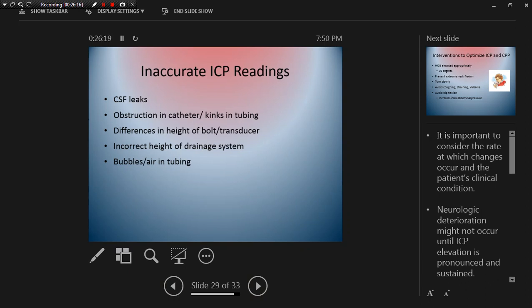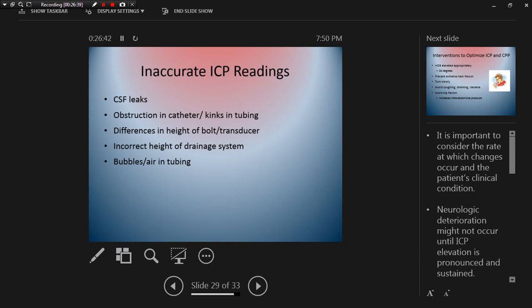So this slide is just a little out of order, but when you're doing ICP readings on somebody who's got a ventriculostomy system, like we said, we're evaluating for leaks. If a patient has an inaccurate ICP reading, there might be a CSF leak. If there's an obstruction in the catheter or kink in the tubing, there might be some leakage around the insertion point.